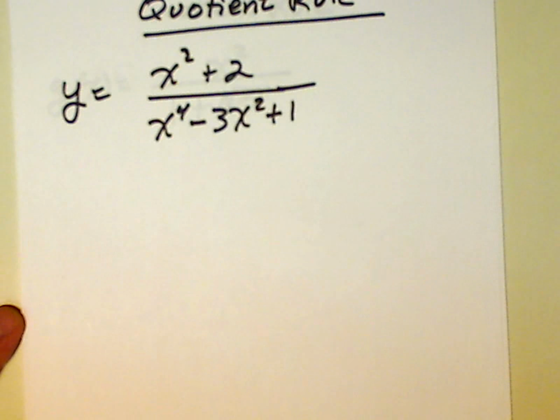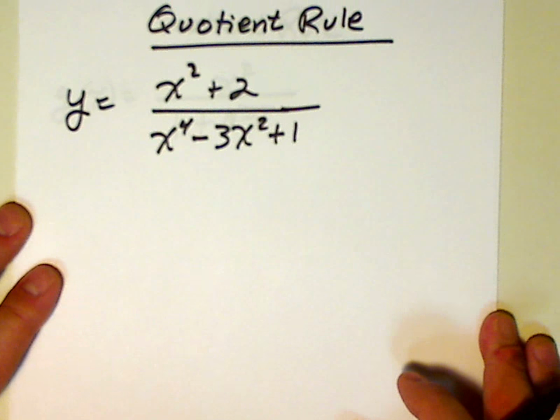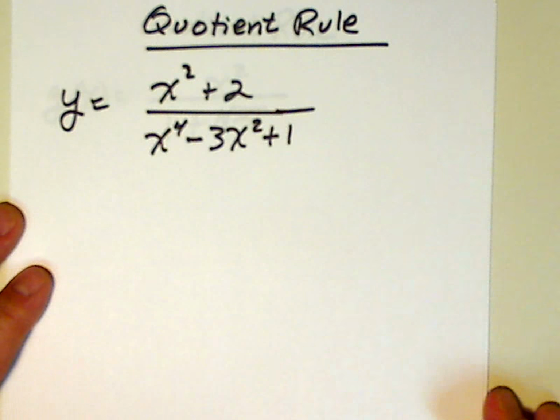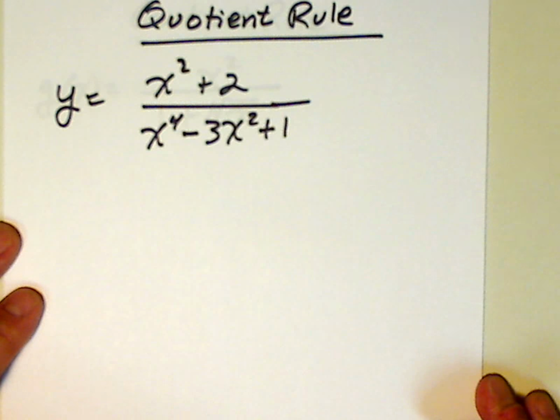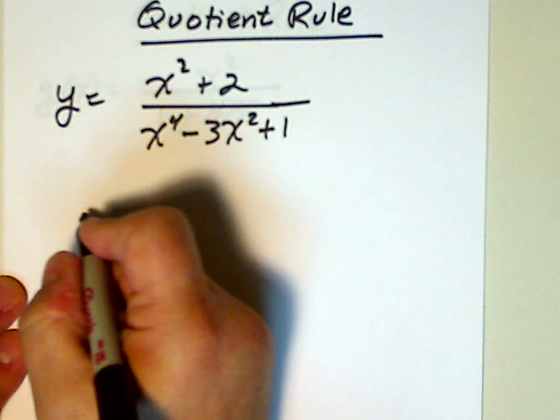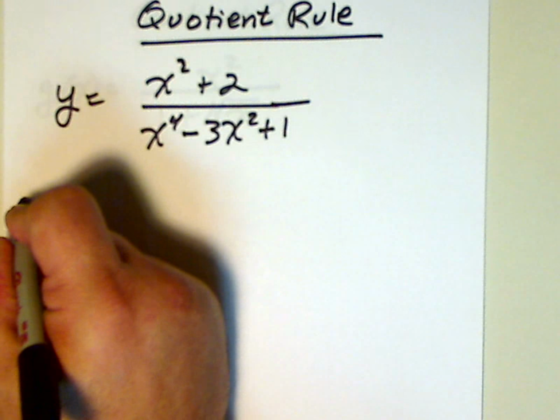Let's see. We've got y equals x squared plus 2 divided by x to the fourth minus 3x squared plus 1. And I don't think the paper is wide enough for this, but let's give it our best shot. I'll write a little bit smaller.